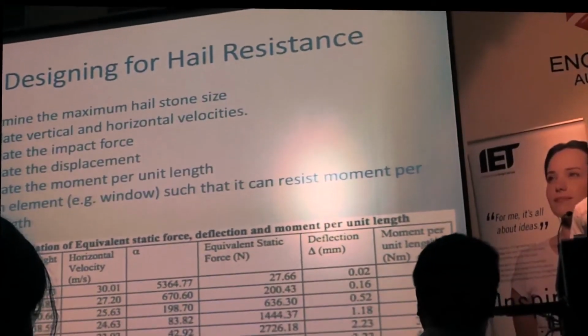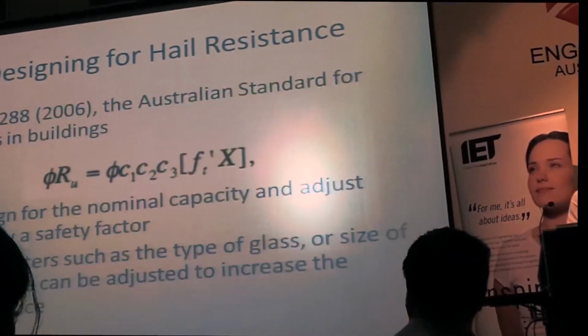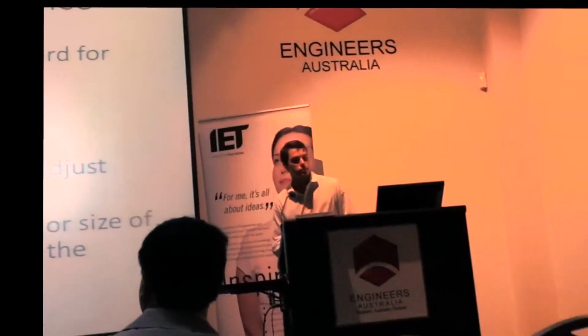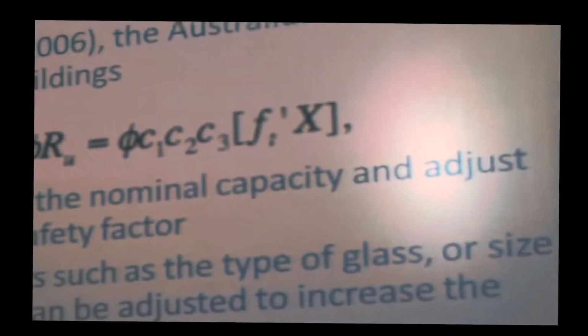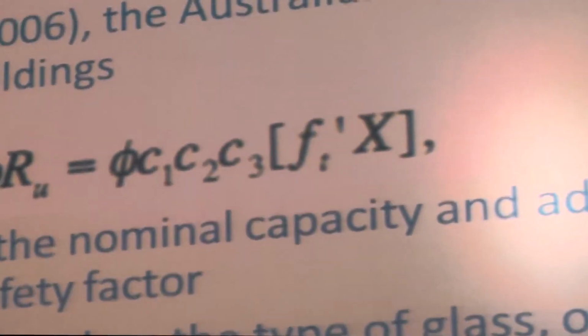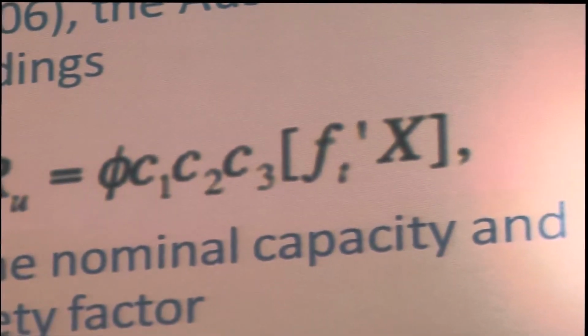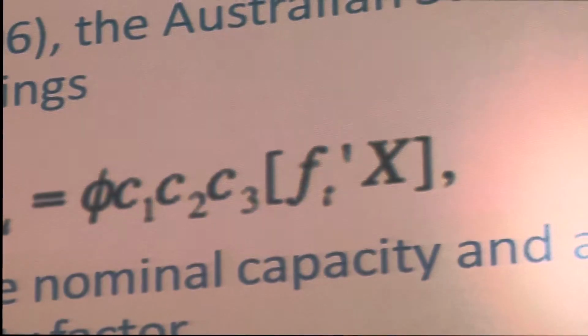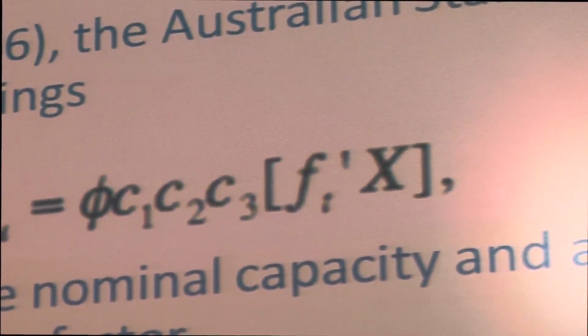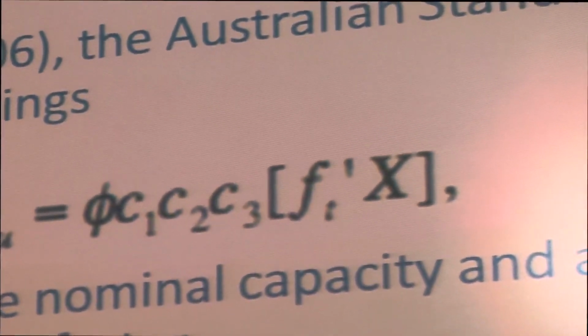So from the moment per unit length, you can then go to the Australian standards, where the Australian standard for glass has this equation here, with RU is the moment per unit length. There are a couple of important factors here, C1 and X in particular. So C1 is the type of glass, and X is the geometric factor.